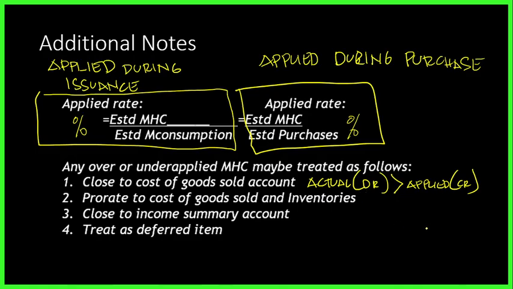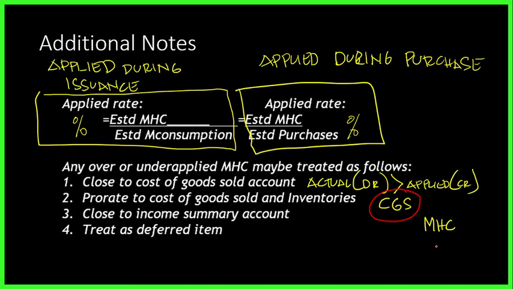So, you credit that. You credit your materials handling cost and you debit your cost of goods sold. Now, if it's the opposite, mas malaki yung applied, no? Mas malaki yung credit, so you debit materials handling cost and credit cost of goods sold. That is if we are using cost of goods sold to account for the difference of the actual and applied materials handling cost.